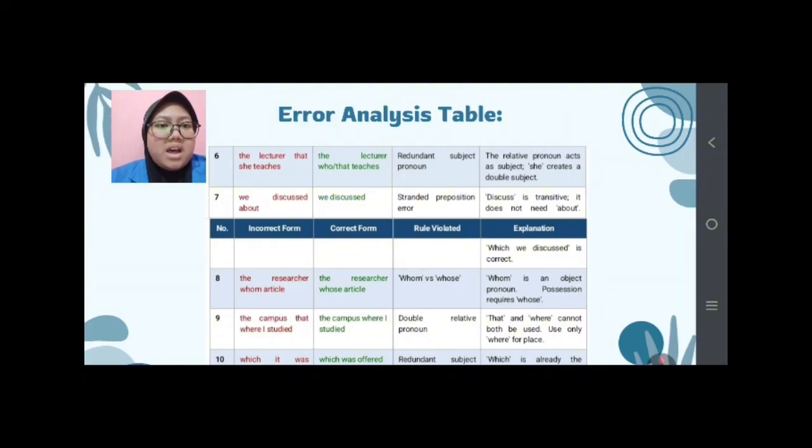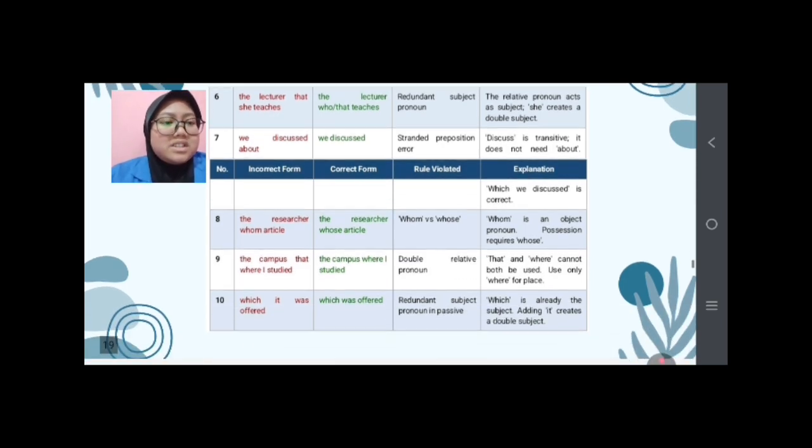We discuss about, a preposition error. Discuss is transitive and does not need about. Which we discuss is correct. The researcher who article, corrected to the researcher whose article. Whom versus whose. Whom is an object pronoun. Possession requires whose.